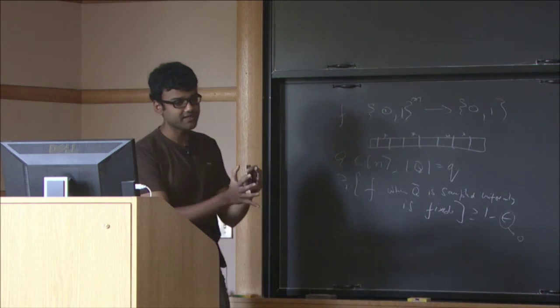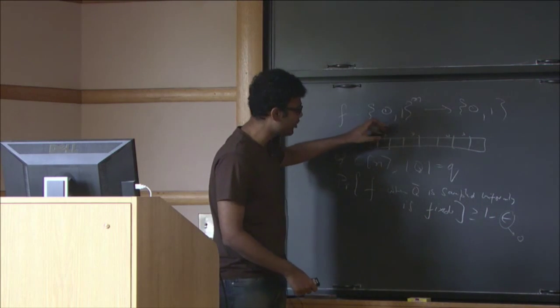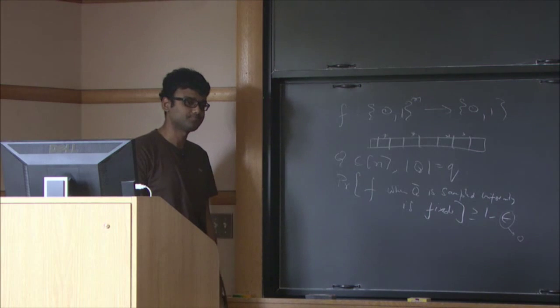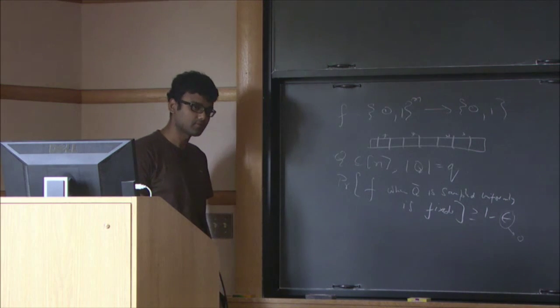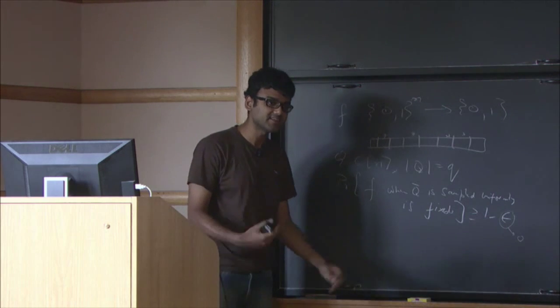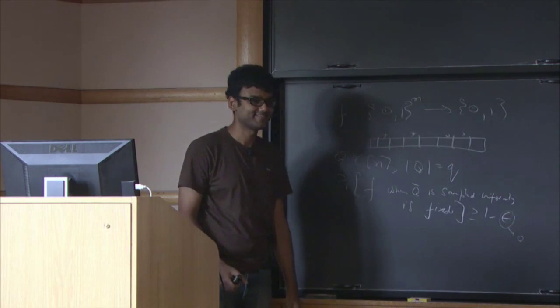You don't want them to bias it towards one of the outcomes. Essentially, it's saying that small coalitions cannot bias the function. Yes, you want that if the other guys are voting, then the function is fixed. Otherwise, the other guys could determine it. You don't want Q to determine it.